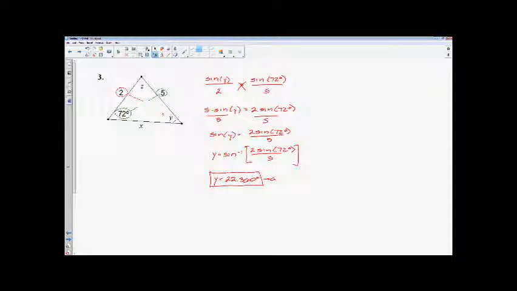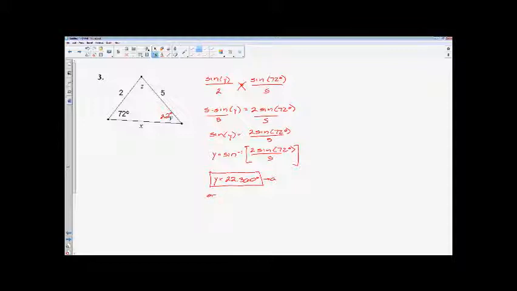The thing you need to remember is to first make sure your answer makes sense. 2 is smaller than 5, so I expect the angle opposite 2 to be smaller than the angle opposite 5. And it is, so 22 makes sense. But anytime you do the law of sines, and this is the pesky part, you have to think about that second possible triangle.